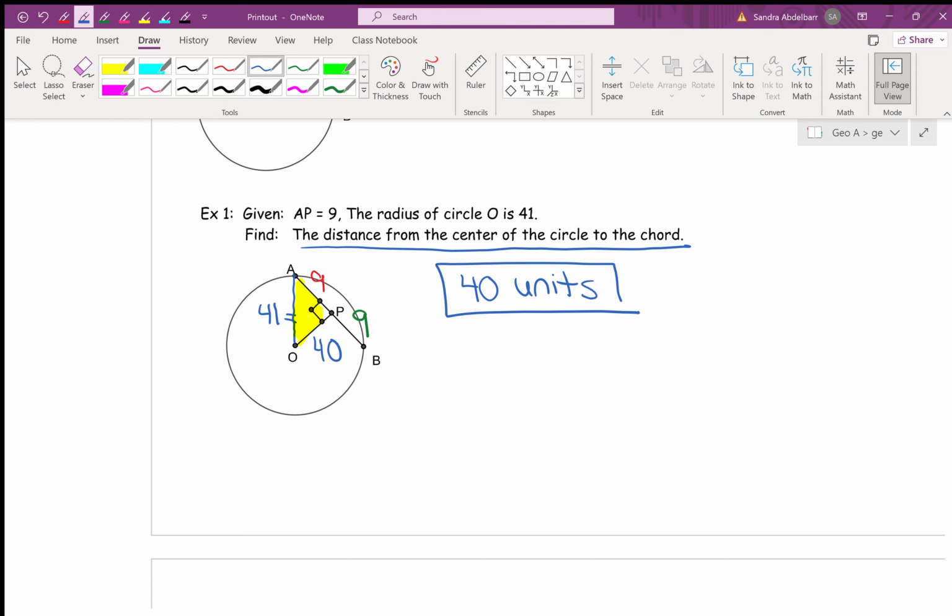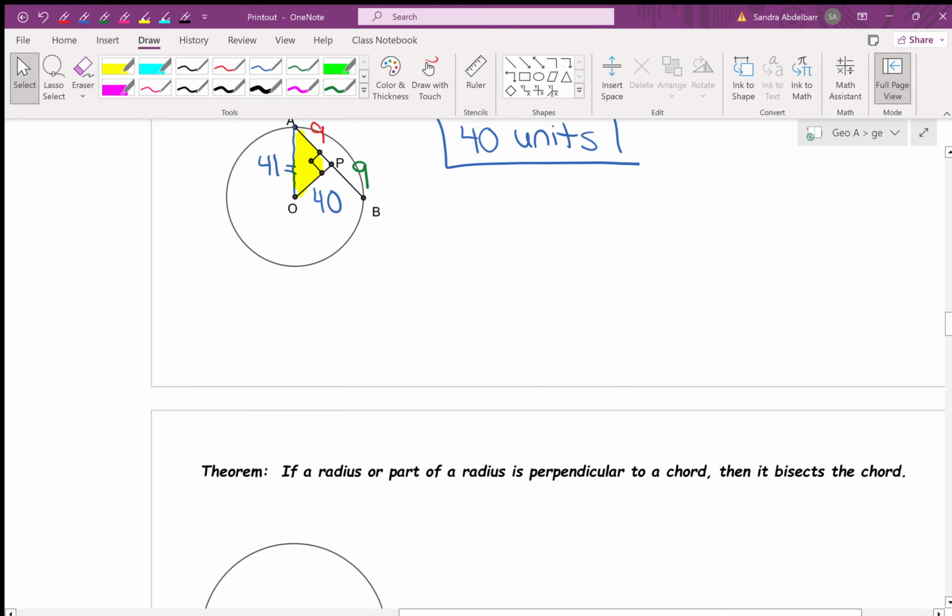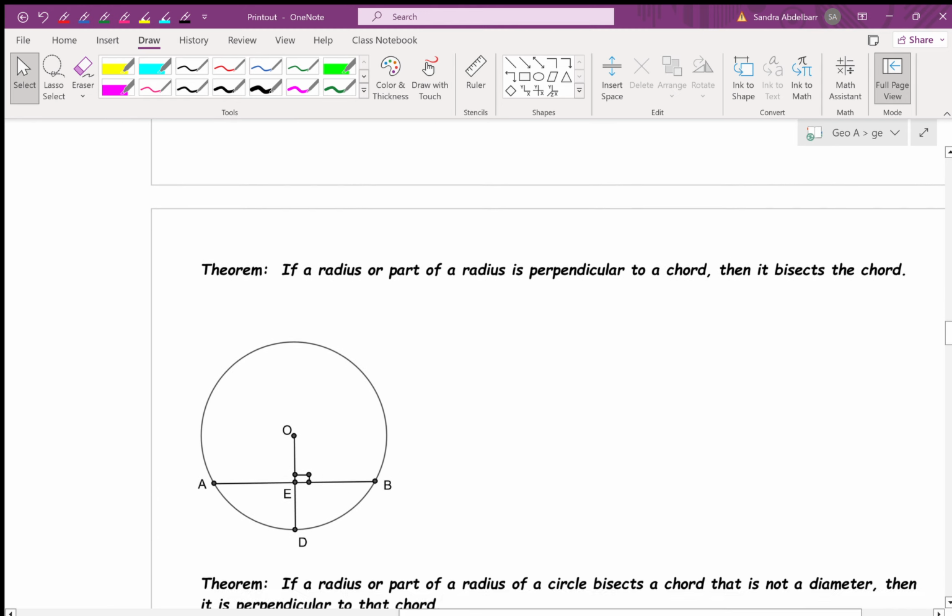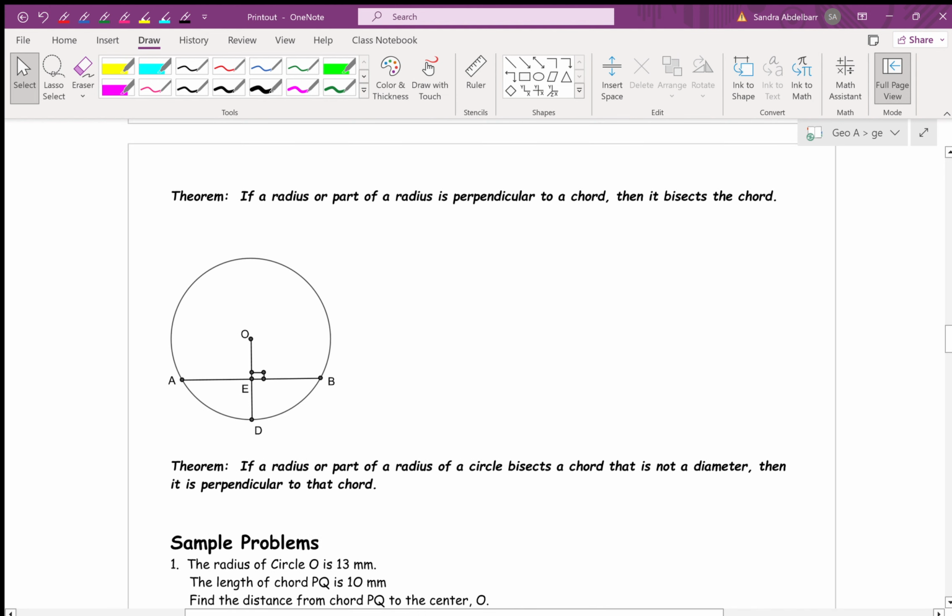All right, let's keep going. All right, theorem. If a radius or part of a radius is perpendicular to a chord, then it bisects the chord. What does that mean? Basically, if I have a segment coming from the center of the circle, if that segment is perpendicular to the chord, it will also bisect it.